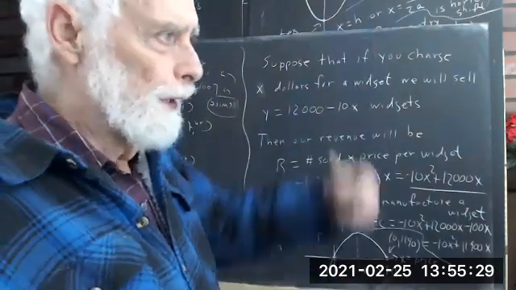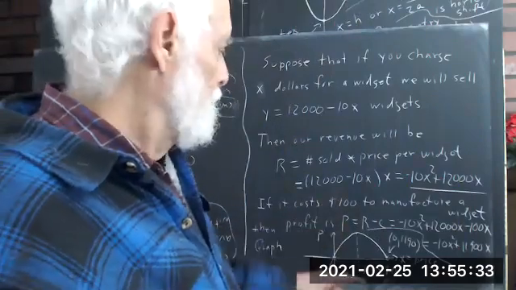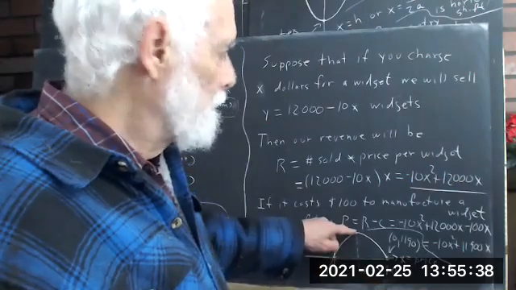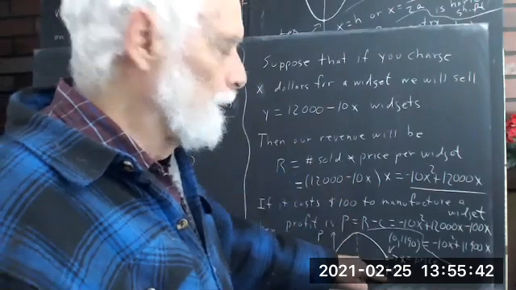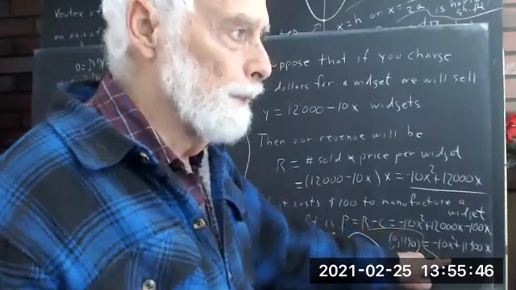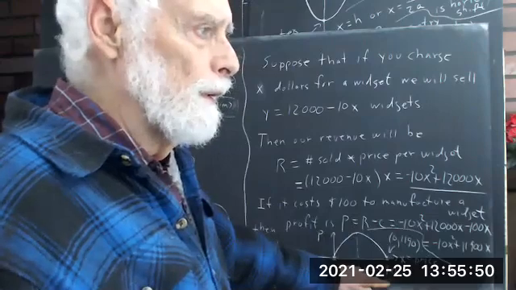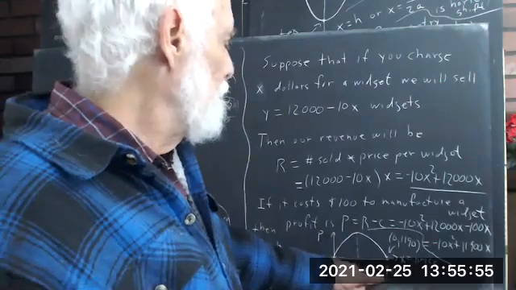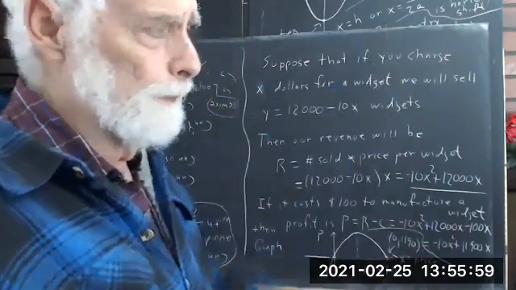We want the profit to be as high as possible. So we've just found what our price ought to be. Profit is maximized at the vertex. The vertex is on the axis of symmetry. And the axis of symmetry is very easy to determine. So now we know what our price ought to be. And we just plug 590 into our profit function and we find out what our profit is.